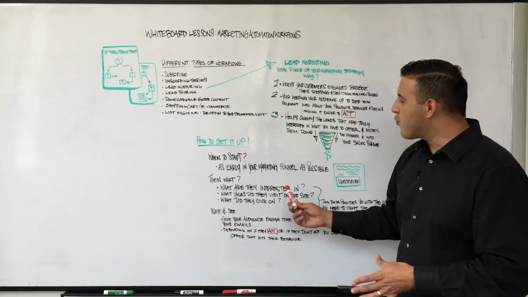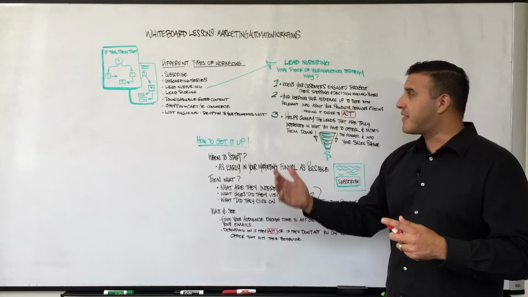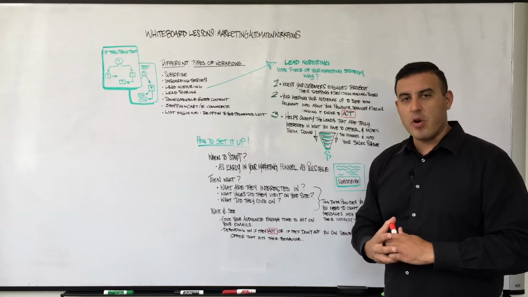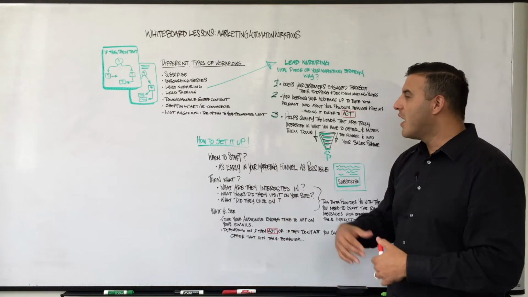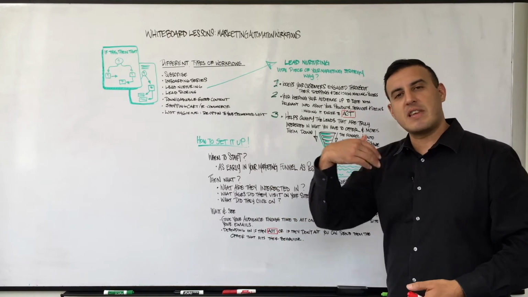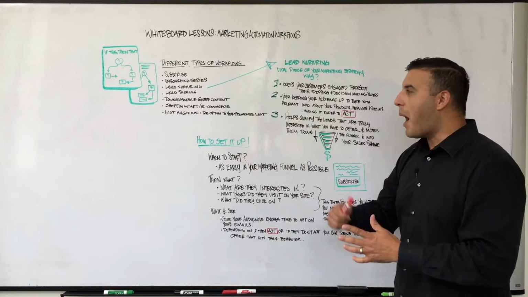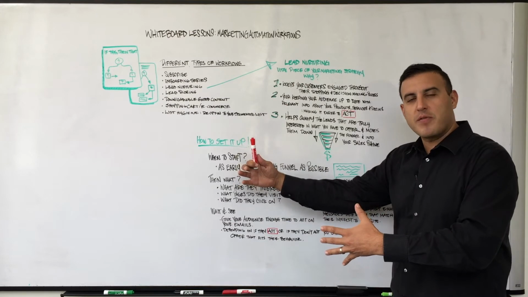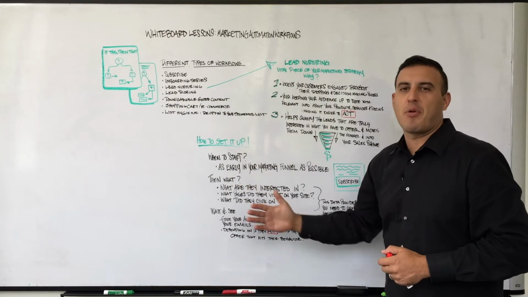So if they're really interested in, let's say, learning about marketing automation workflows, which is something that we offer, then I want to put them on a workflow that's going to continue to deliver information about marketing automation workflows and anything related to marketing automation.